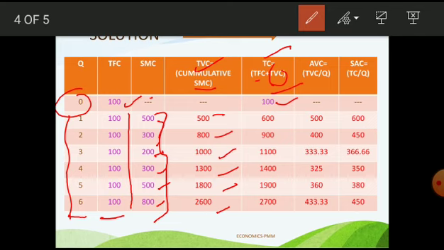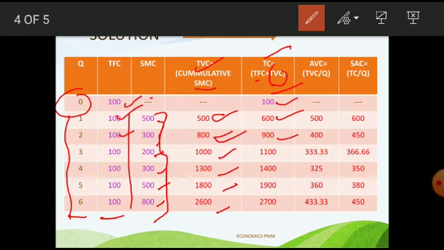For the first quantity, when the producer is producing the first unit, the total cost will be total fixed cost plus total variable cost, 500 plus 100, which is 600. Then for the second unit, total fixed cost is 100 and total variable cost is 800. So 800 plus 100 is 900.